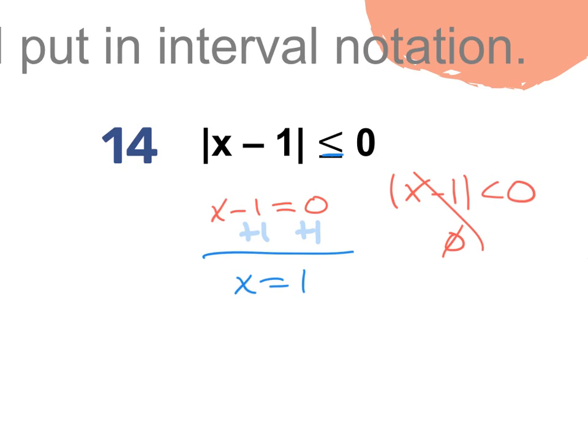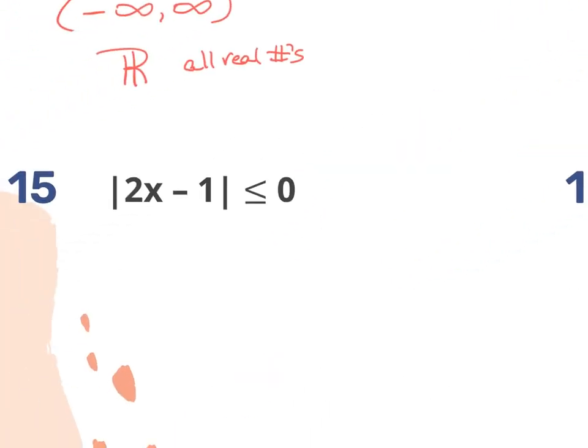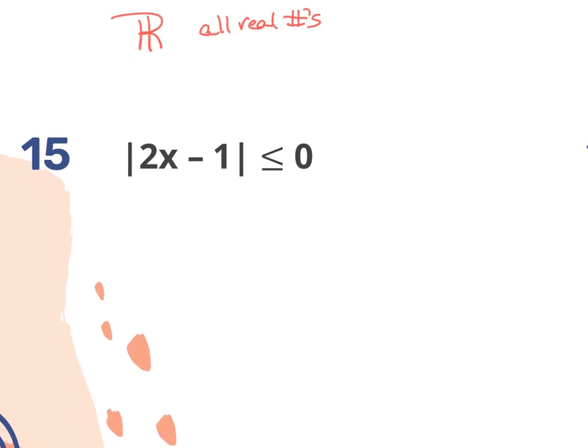The next one is the same thing. Make sure it's isolated. It is. Remember, if I were to try to do something here, just the less than, we know that it can never be less than 0 because it can't be negative, so no negatives. So the only thing we're going to be working on here is the equal to part.